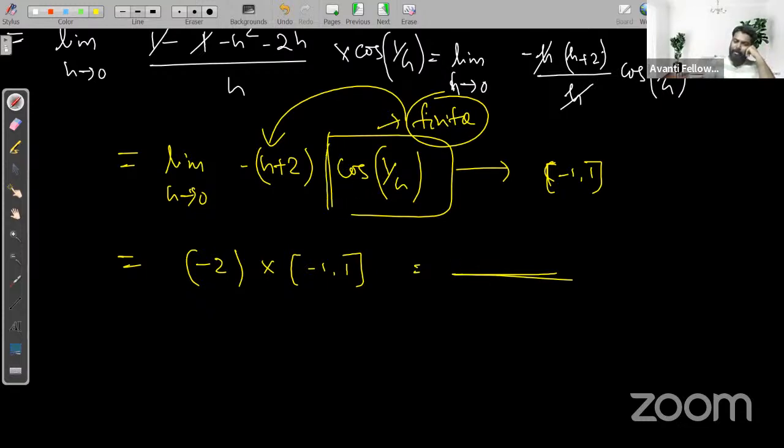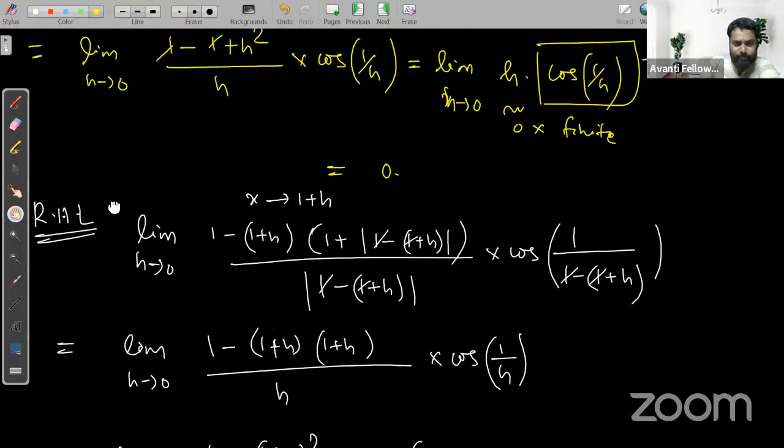So it may be that this cos of 1 by x can take any values in between -1 to 1, and in between -1 to 1 there are infinite number of real numbers. So when you multiply by -2, it will be giving you some constant or anything. So let's check the option again.